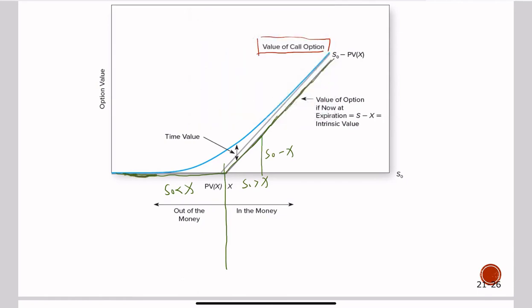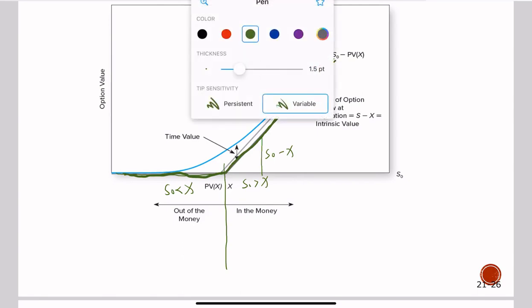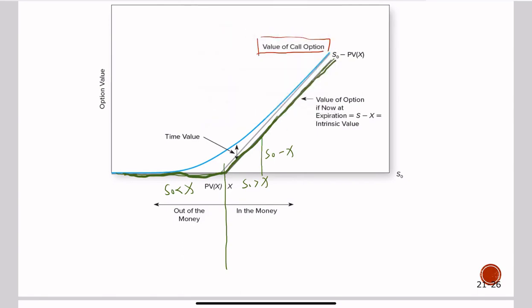So this line gives you the intrinsic value, and you could also see that the difference between the blue curve and the yellow line gives you the time value, because we know that time value is the difference between option value and intrinsic value.